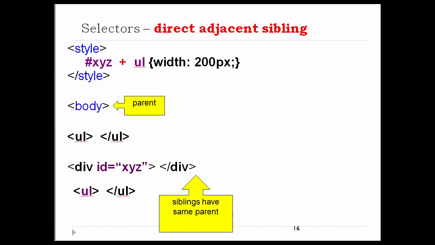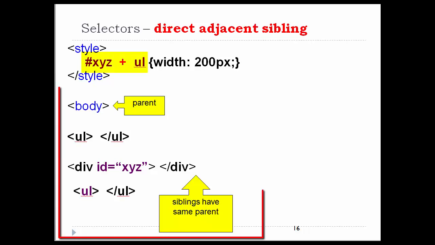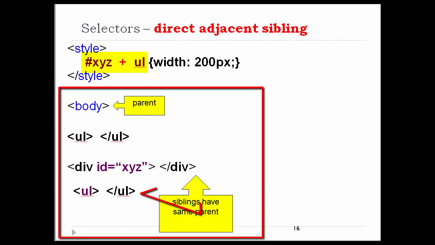We also have what is called an adjacent sibling. So if we look in the body section here, we see the parent body, and we see three siblings because they are all essentially at the same level. If you wanted the direct sibling, the plus sign with the UL would indicate the direct one, not necessarily all of them.